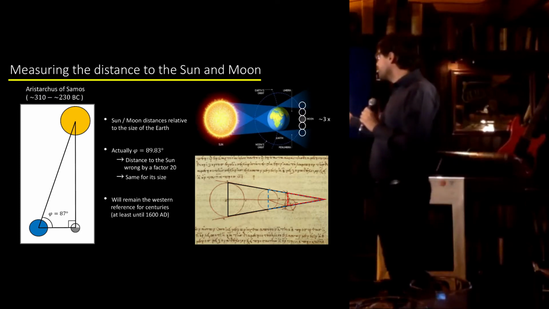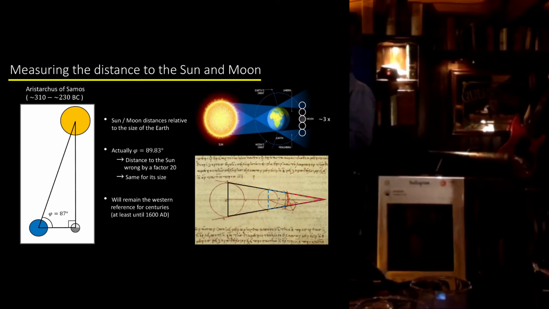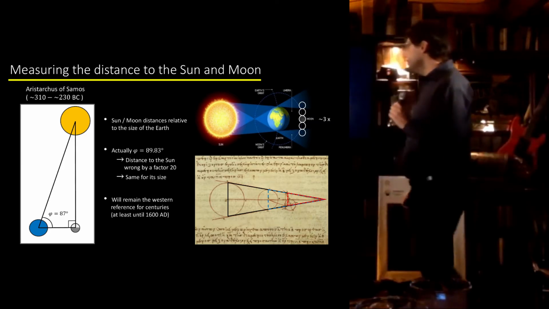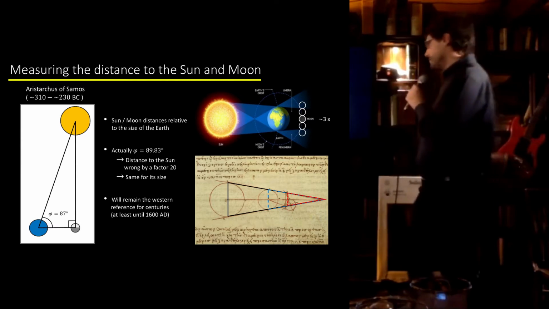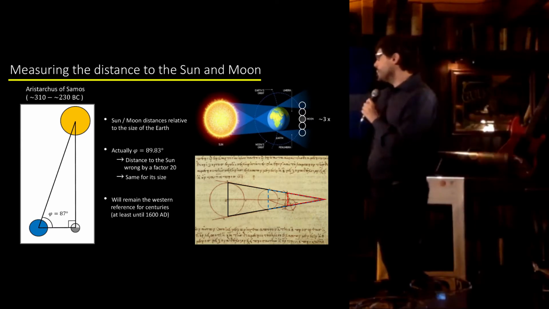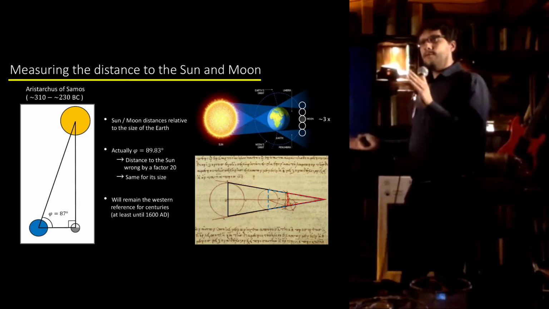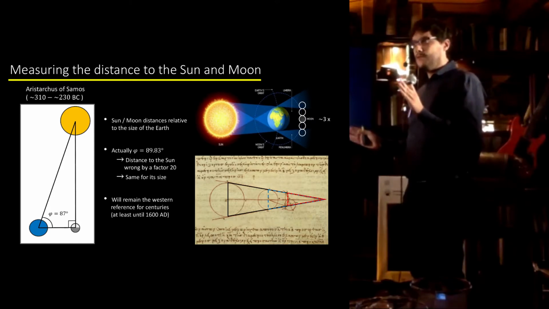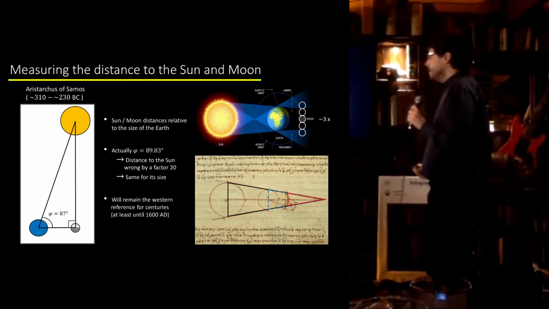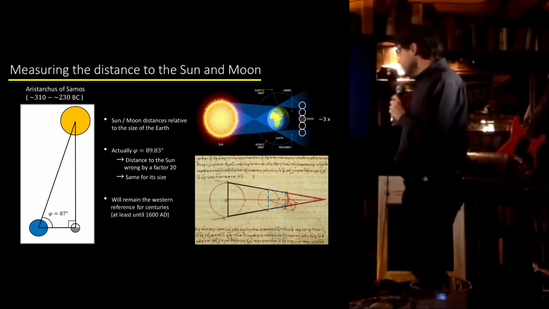And so you get another link between the distance of the Earth to the moon, the Earth to the sun, through the size of the Earth. And if you bring all those observations together, you can essentially solve for the only possibility, which is having a fixed sun and moon distance, sun and moon size, relative to the size of the Earth. And that's what he did.